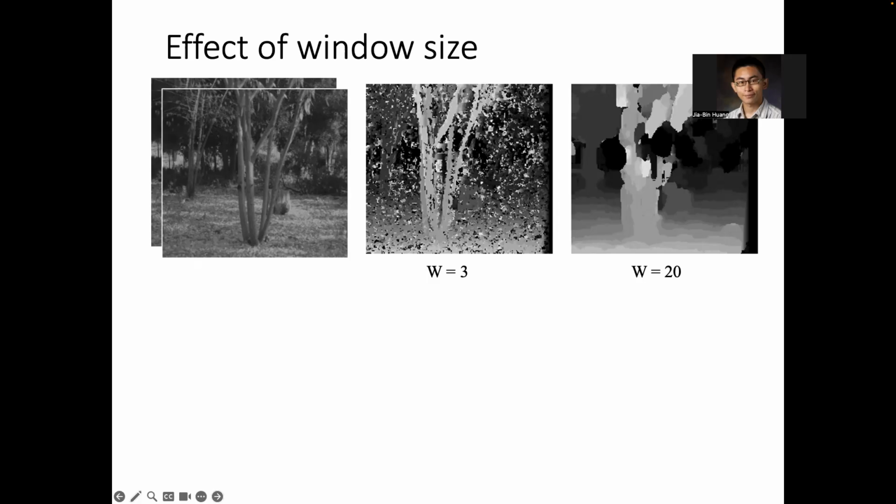Yes, a lot of noise. Can you think about why that is the case? Why, when you use a small patch size, do you suddenly get a lot of noisy estimates?